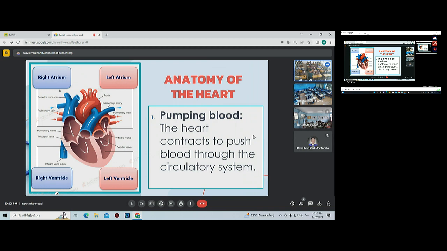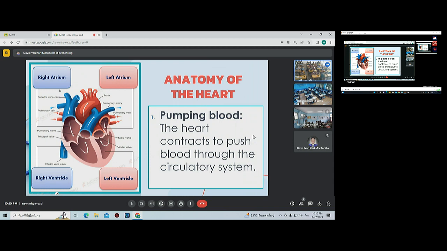Okay, very good. How about here? We have a small red blood vessel. What do you call this one? What's your answer?